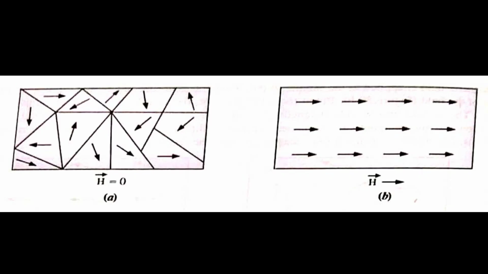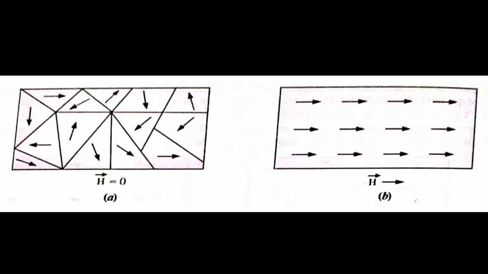In this case, the magnetic dipole moment of each domain aligns itself in the direction of the applied magnetic field. In other words, the size of the domain having dipole moment in the direction of the applied field increases, and the size of the domain having dipole moment in a direction other than the applied magnetic field decreases.